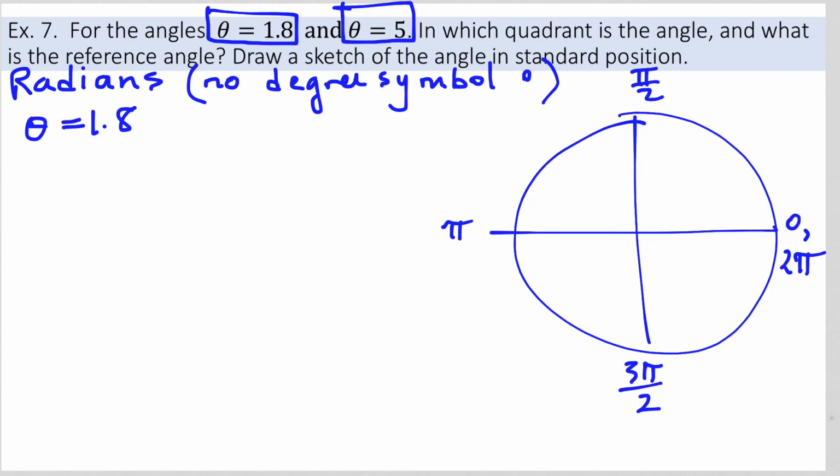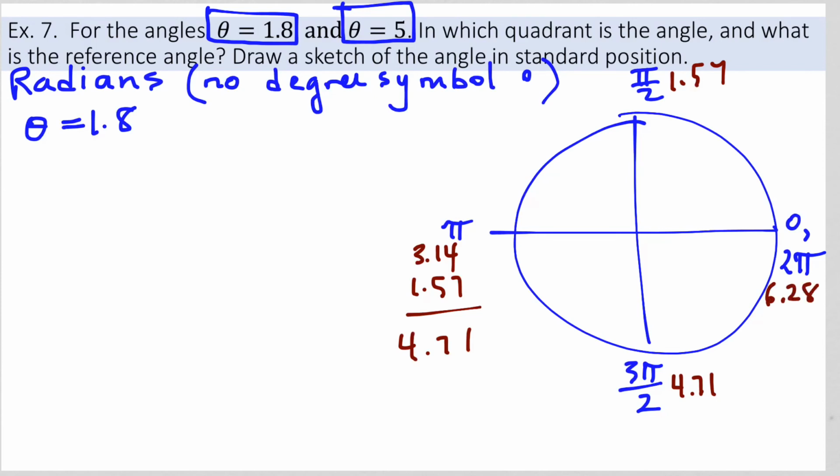So if I divide pi by 2 on my calculator, I can get a decimal approximation. Pi is 3.14, so adding 1.57 onto that, this one's 4.71, and then 2 pi would be 2 times 3.14, so this is 6.28 radians if I write them without pi in them, so I can do a comparison here.